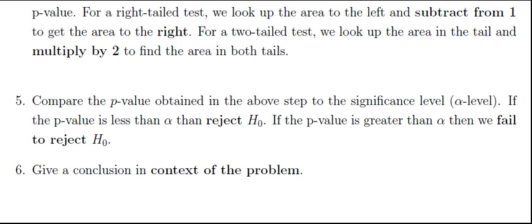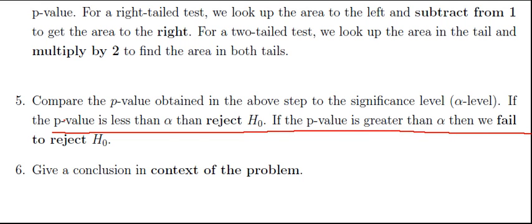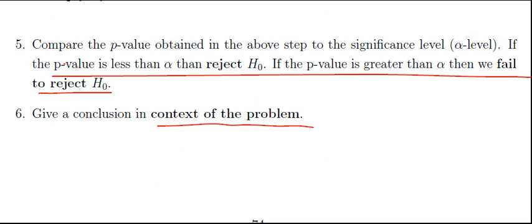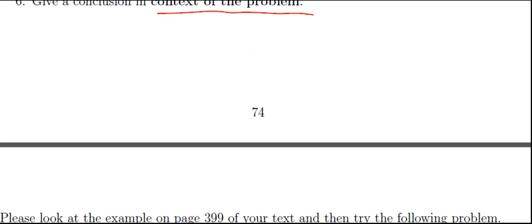Okay, so that part is important. I'm going to underline it. And then a conclusion in the context of the problem. So you can see the steps don't really change. We're just looking at a different parameter.